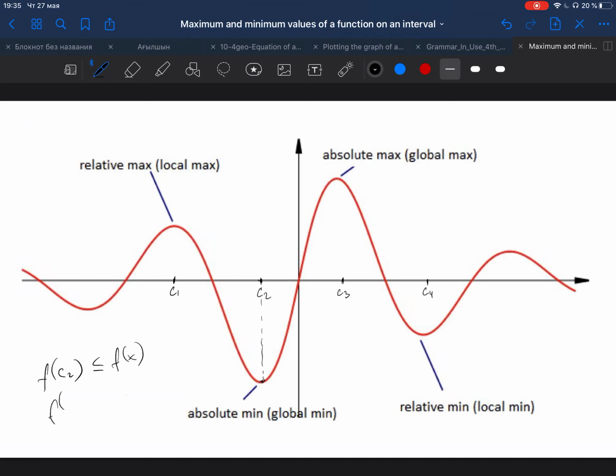After that, let's find f of c3, and f of c3 is greater than or equal to f of x. From that, by definition, we can say that this point will be the absolute maximum point on this given interval.